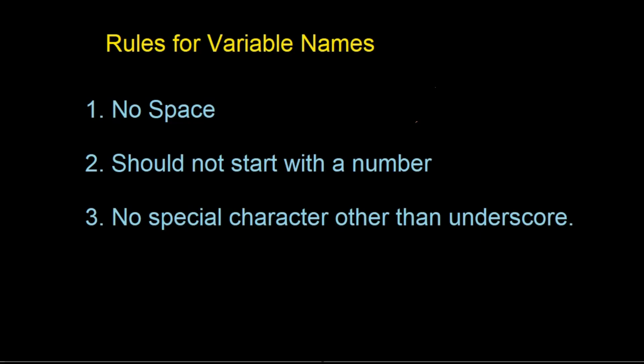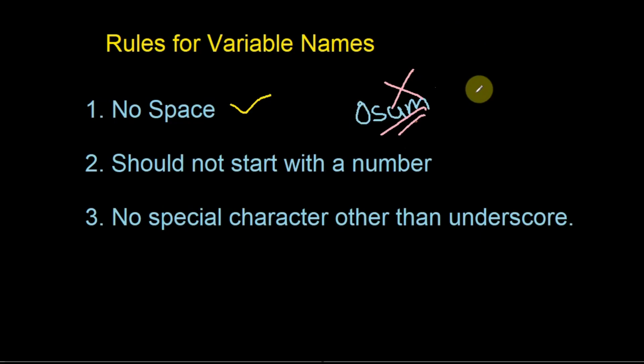Next we'll see the next rule. We have the no space rule, and the variable name should not start with a number. If you have a variable that starts with a number, say 0sum, then this is incorrect.